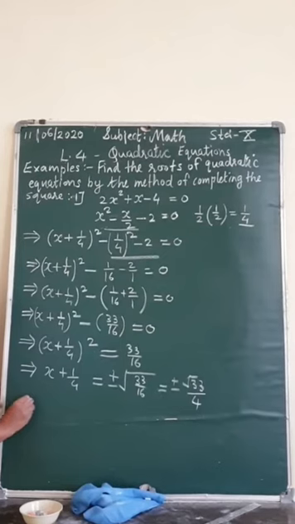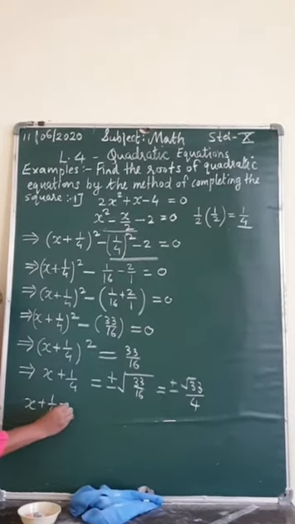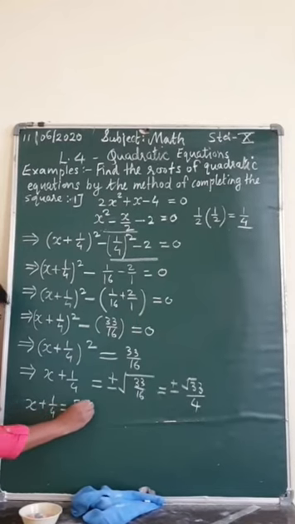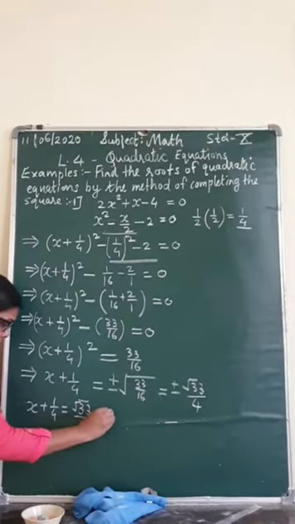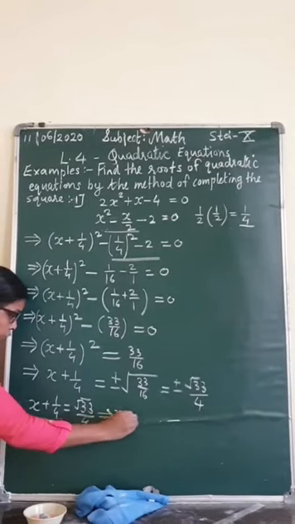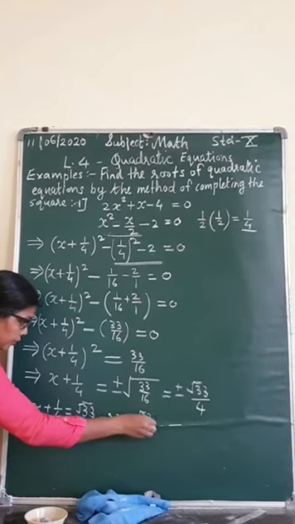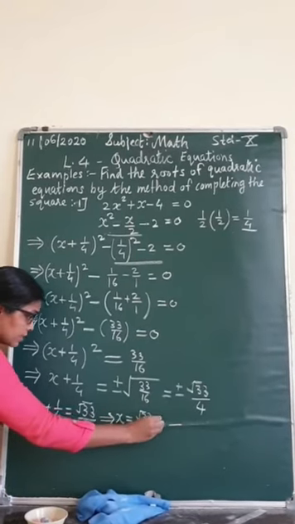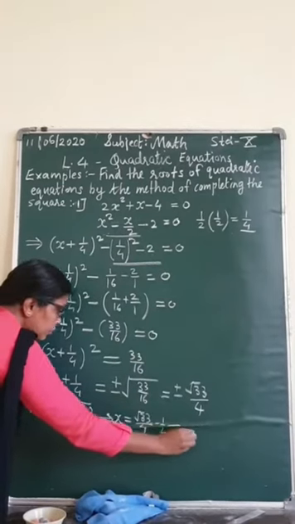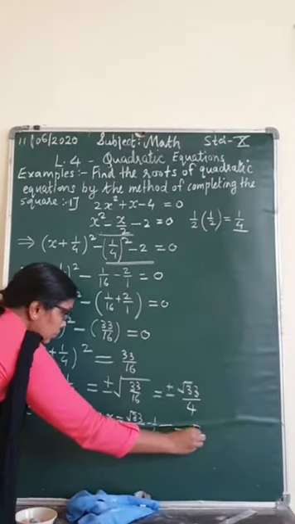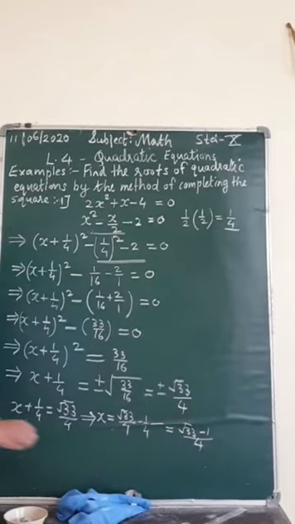If we have x plus 1 upon 4 is equal to plus root 33 upon 4, that gives us x is equal to root 33 upon 4 minus 1 upon 4, which is equal to root 33 minus 1 upon 4.